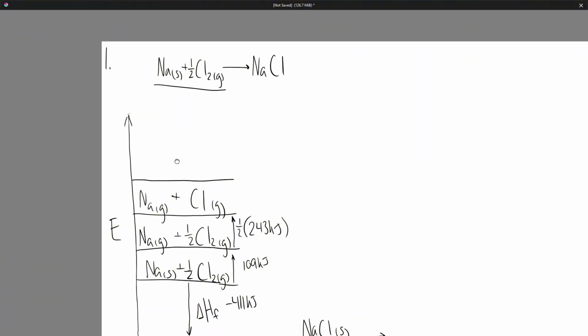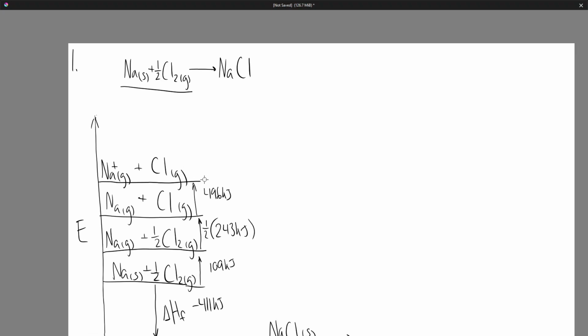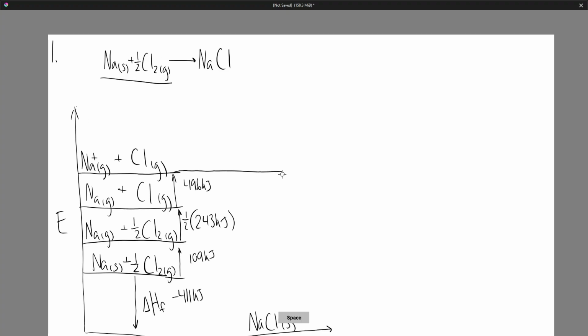And now you want to give sodium its plus charge. That energy right there is 496 kilojoules, and that gives sodium its plus 1 charge, like I said. And you bring over the chlorine. Now you're going to give chlorine its negative charge, and since the energy associated with it is also negative, you bring it down instead.